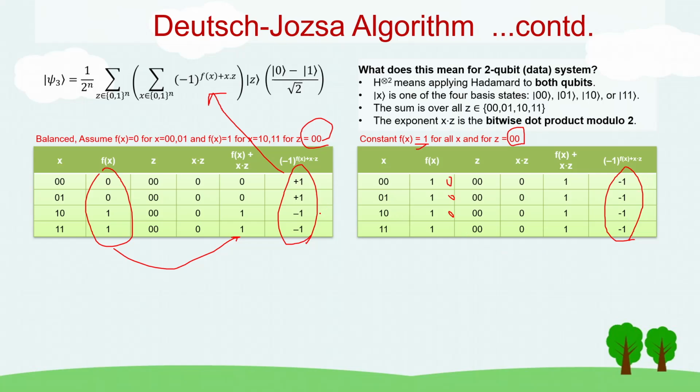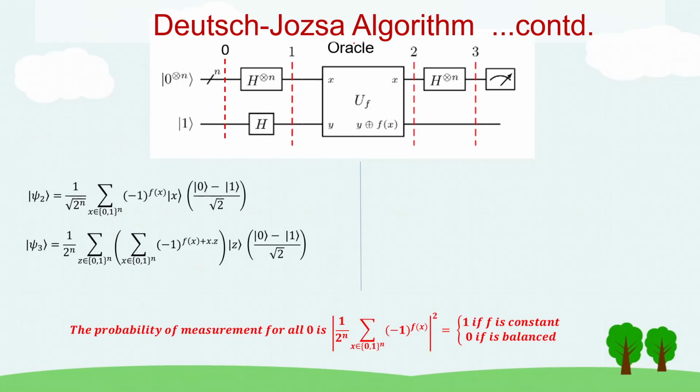Whereas here, this is what is called interference. So for the state z being 00, this will get cancelled out. So destructive interference will take place here, and constructive interference will take place here. So this is the power of quantum computing and the DJ algorithm utilizes it.